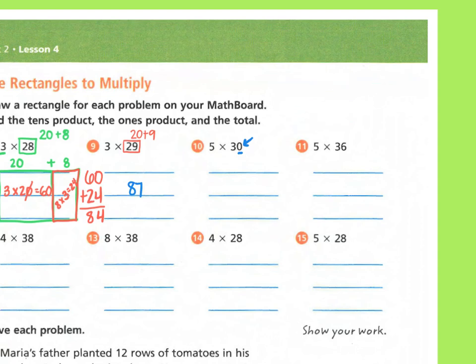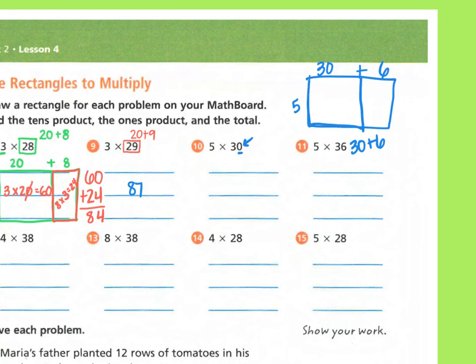I'm going to take 36 for number 11 and expand it out to 30 plus 6. Now I'm going to draw my area model, and I'm going to put 30 plus 6 and draw my line separating the 10s and the 1s. Now I'm going to place my 5 on the side.